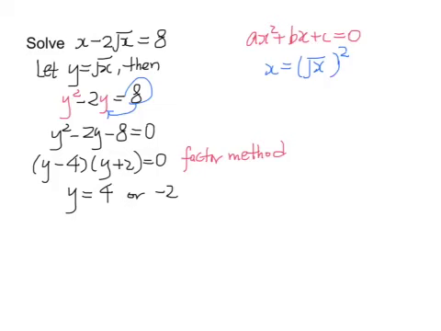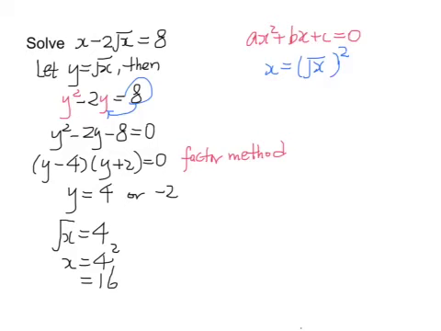So the square root of x equals 4 for this case, and let us continue. So x equals 4 squared, and therefore x equals 16.